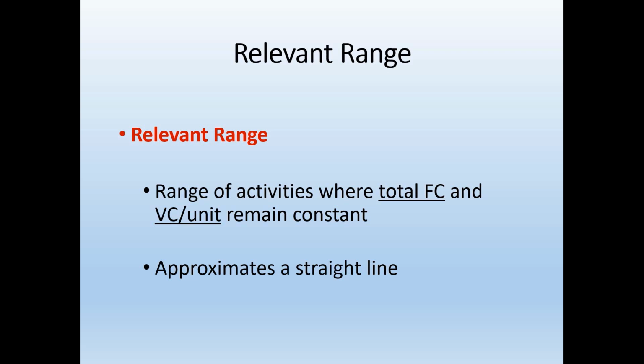In other words, the firm isn't going to build a new production plant or get rid of an old production plant. And the variable cost per unit also remains the same. Because of that, we can approximate these costs with straight lines.